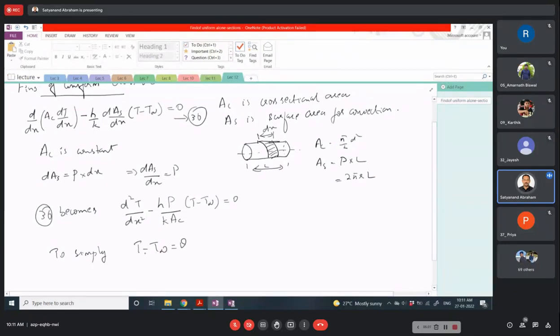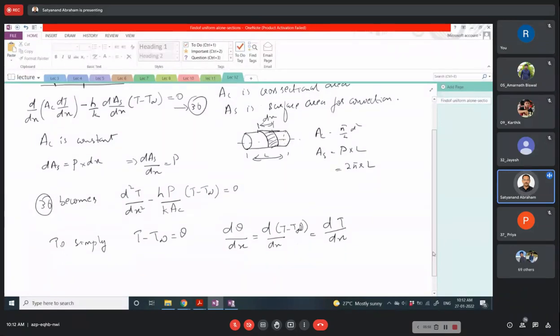So what is d theta by dx? d theta by dx is d by dx of (T minus T infinity). What is d by dx of T infinity? It is 0. So it is dT by dx, because T infinity is constant, not varying with x.